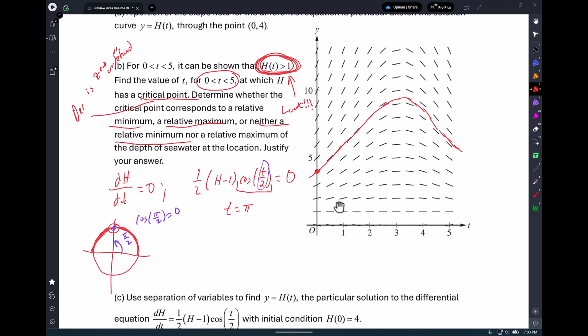So that's exactly what's happening here at pi. At pi, this expression, dH/dt, is changing from positive to negative.